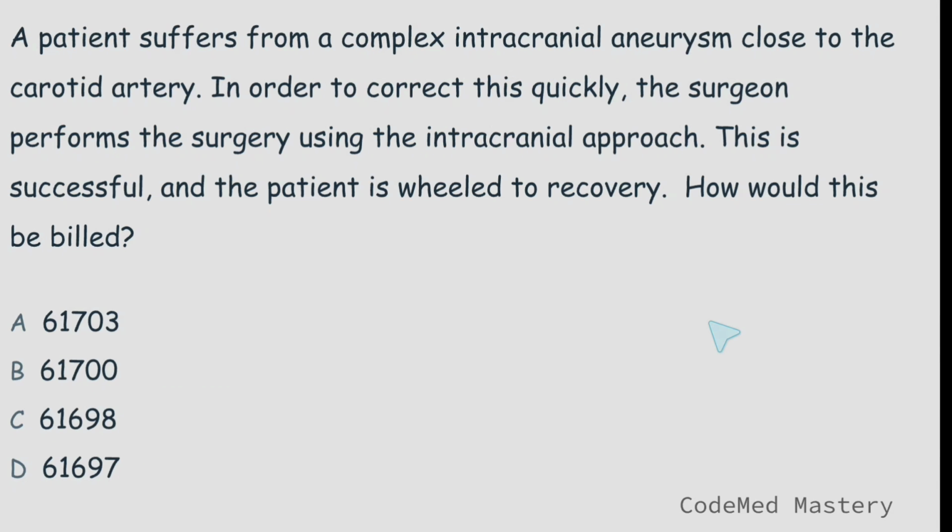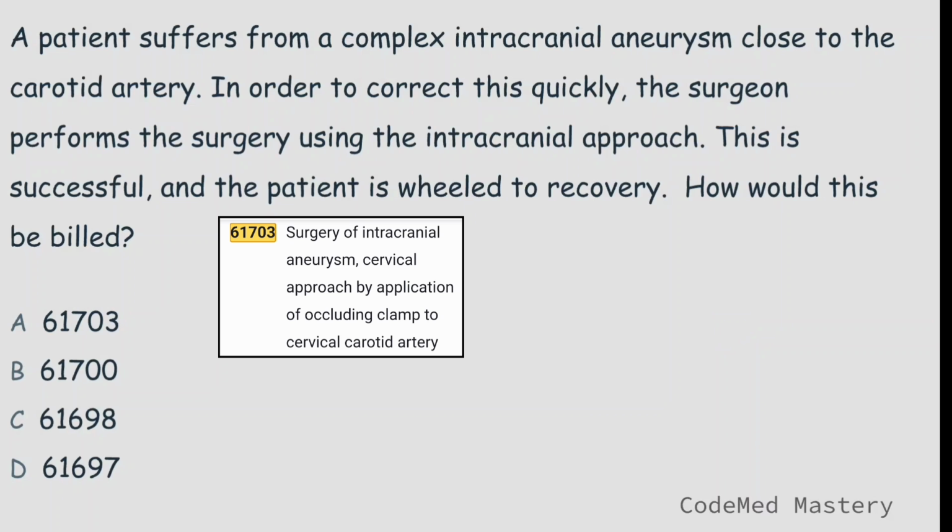Read the question. A patient suffers from a complex intracranial aneurysm close to the carotid artery. In order to correct this quickly, the surgeon performs the surgery using intracranial approach. This is successful and the patient is wheeled to recovery. Let us try to code it. Check option A, 61703, is for surgery of intracranial aneurysm, cervical approach by application of occluding clamp to cervical carotid artery.